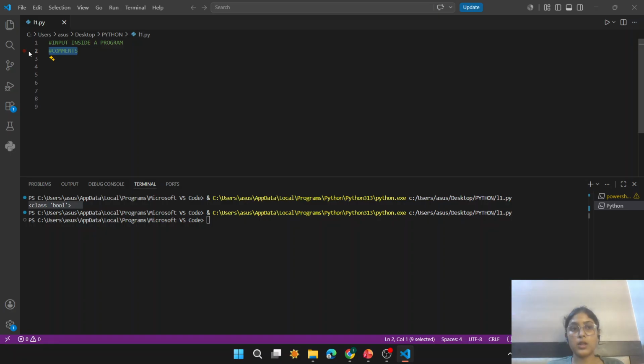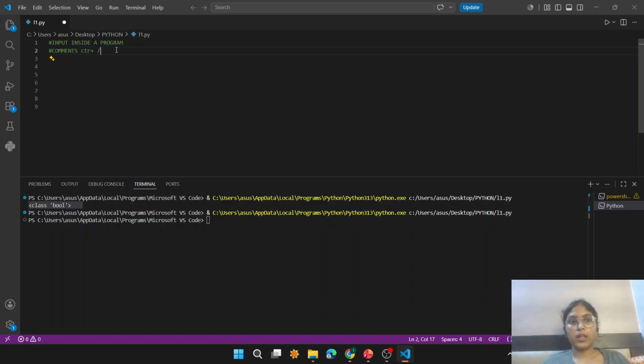So how do you comment in Visual Studio Code? You press Control plus slash, and it will work. This is used for commenting something. These are non-executable lines. This will never be executed. Python takes it as a comment automatically whenever you use Control plus slash. So remember this. This is a very simple topic, so I have discussed it now.